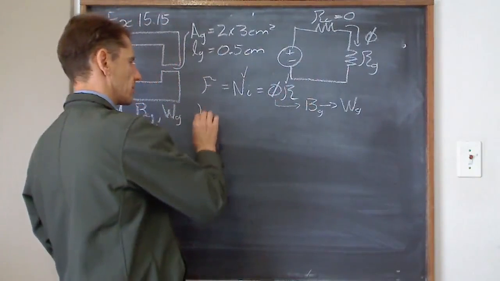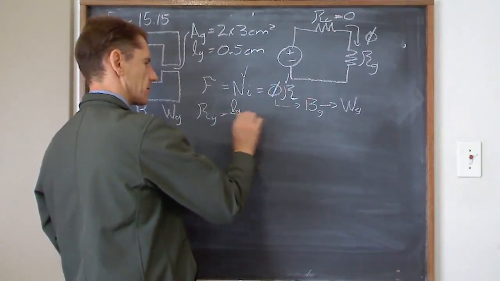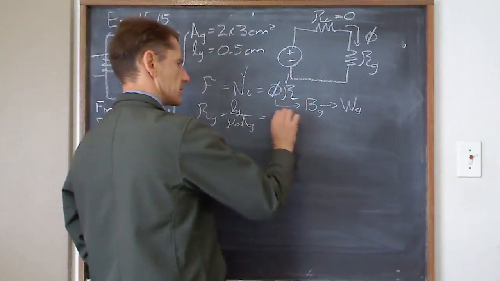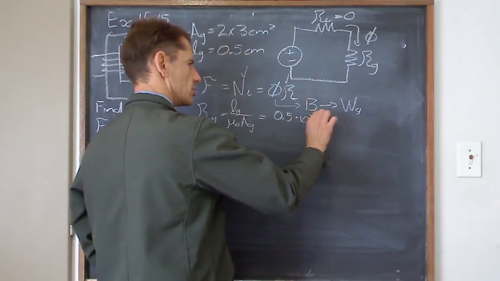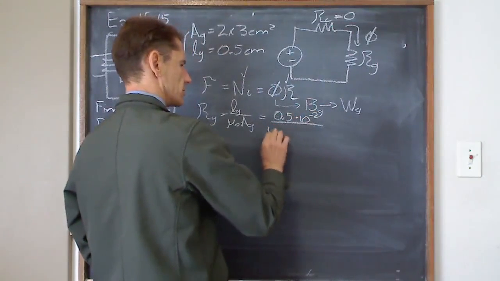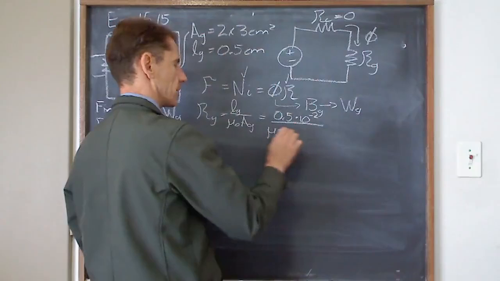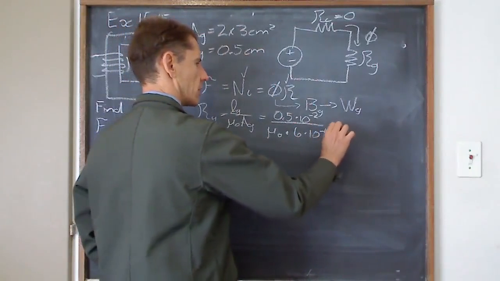Right, so let's start with Rg is the length of the gap divided by mu 0 times the area of the gap. It's 0.5 times 10 to the minus 2 over mu 0, which is 4 pi times 10 to the minus 7, and then the area is 6 times 10 to the minus 4.